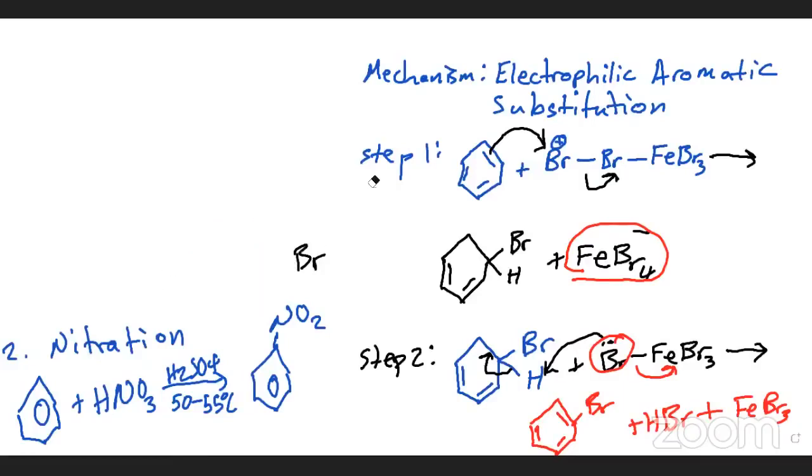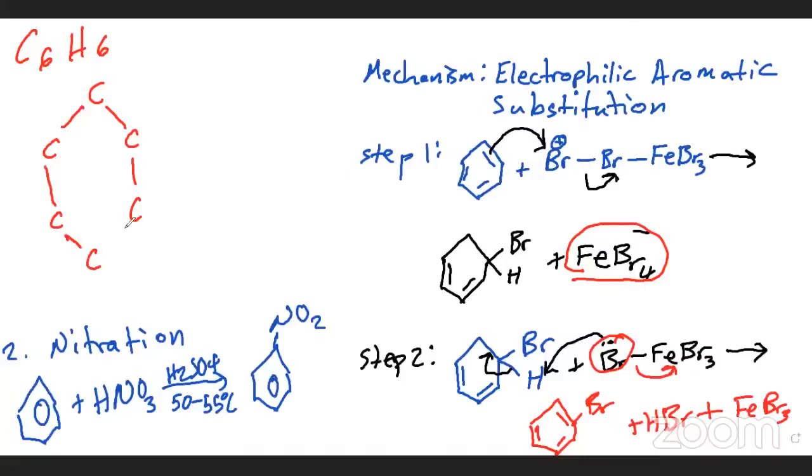The formula for benzene is C6H6. So carbon, carbon, carbon, carbon, carbon, and the carbon is there. Double bond, double bond, double bond.